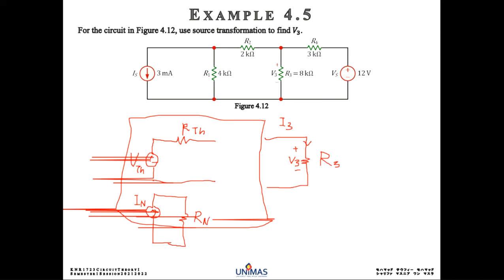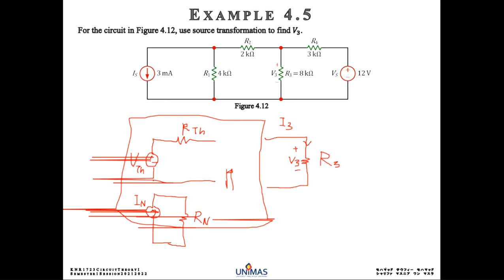You can see that VTh with RTh in series is equivalent to IN with RN in parallel. So basically Thevenin to Norton and Norton to Thevenin is a source transformation. This is the basic idea of Thevenin and Norton.